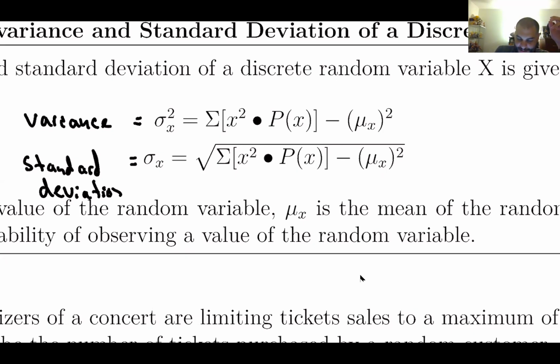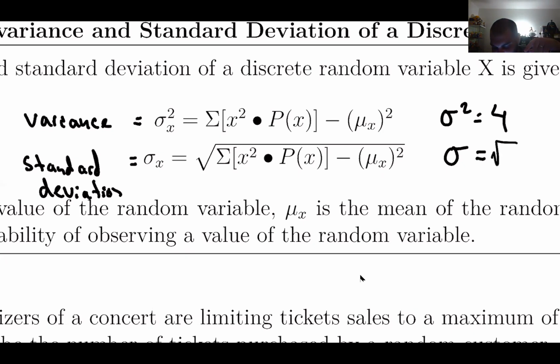So think about it: if sigma squared is equal to 4, and you want to find sigma, what does sigma equal? Perfect. You take the square root of 4, which is 2. So that's the only thing different. For variance, you don't take the square root. When you find standard deviation, you do take the square root. Everybody good so far with that?